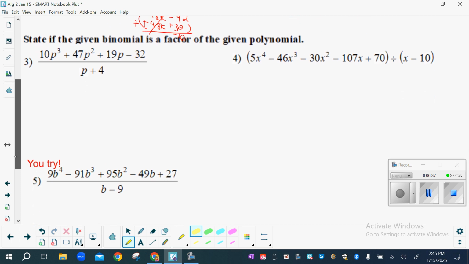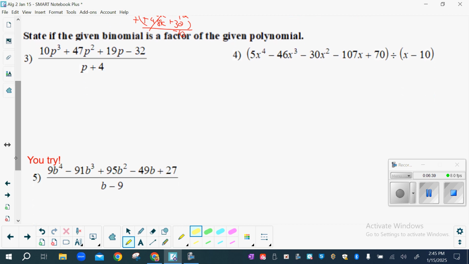So now we're going to state if the given binomial is a factor of the given polynomial. Which is the binomial? The binomial is p plus 4. What would be the easiest way to divide this? The sideways L. Synthetic division.